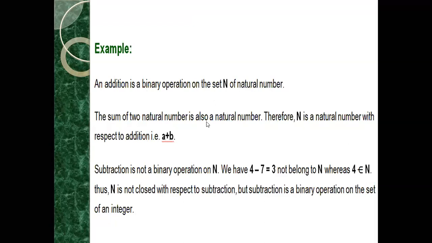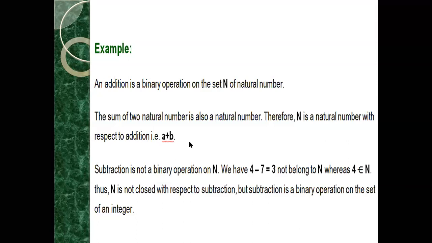Any two natural numbers we take and add, the sum is also a natural number. Suppose 2 plus 3 equals 5, and 5 is also a natural number. 7 plus 10 is 17, and 17 is also a natural number. Therefore N is closed with respect to addition, that is, a plus b.